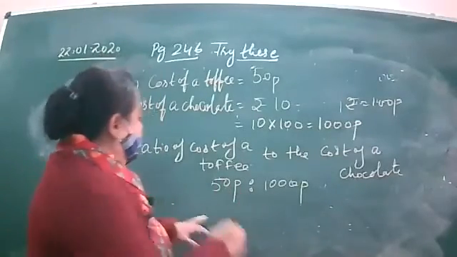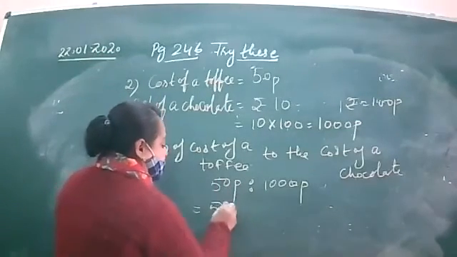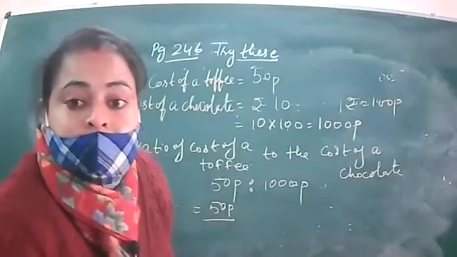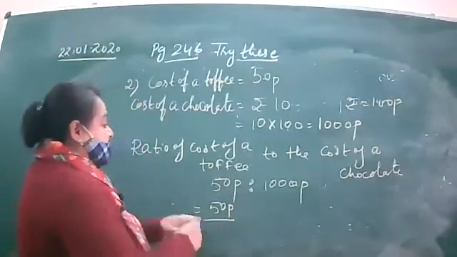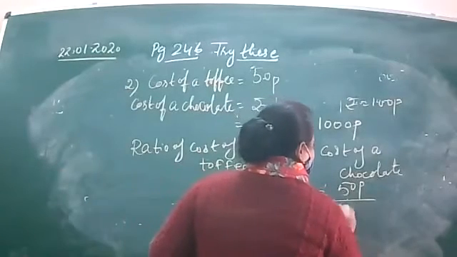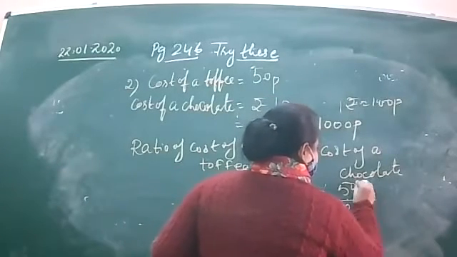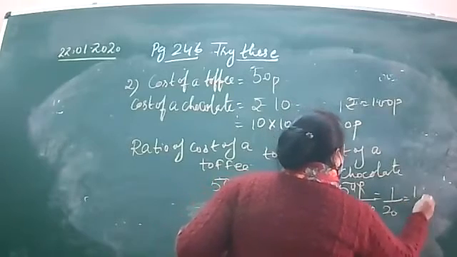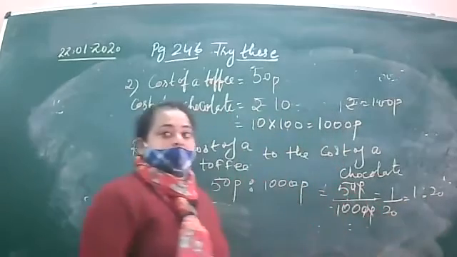Fine. Now I'm writing here 50 paisa upon 1000 paisa. So 1 by 20, 1 ratio 20.